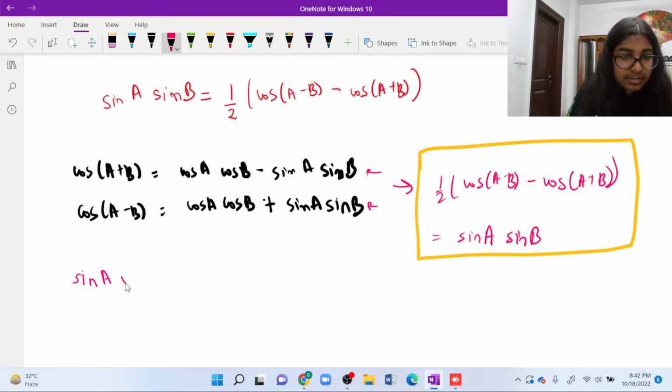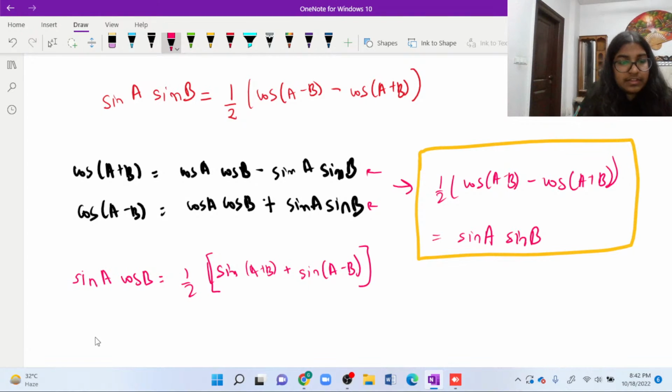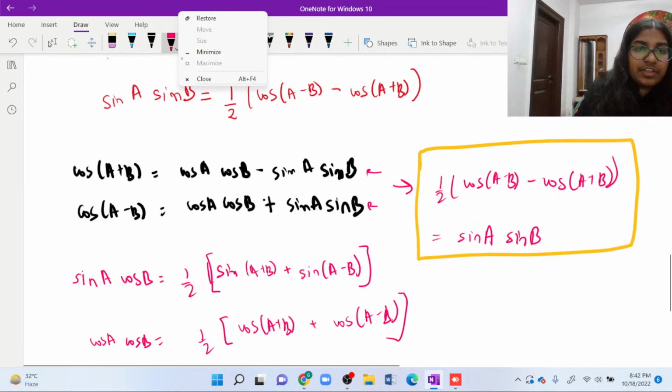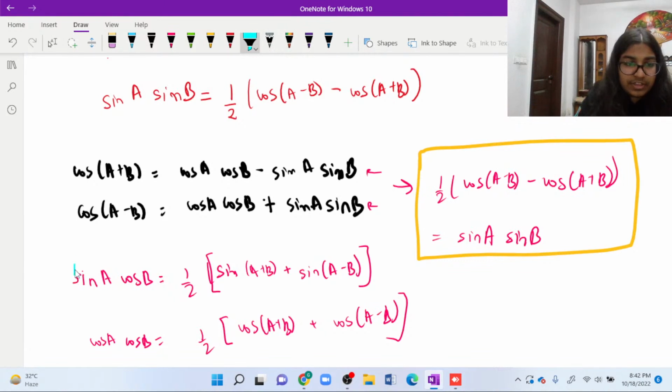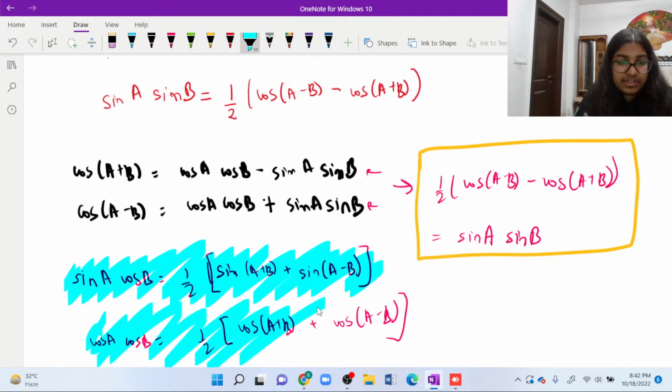They are sin A cos B equals half of sin of A plus B plus sin of A minus B. And the third is cos of A times cos of B equals half cos of A plus B plus cos of A minus B. And the proof of the other two are on similar lines, so I will not go over them, but these are very useful in my opinion at least.